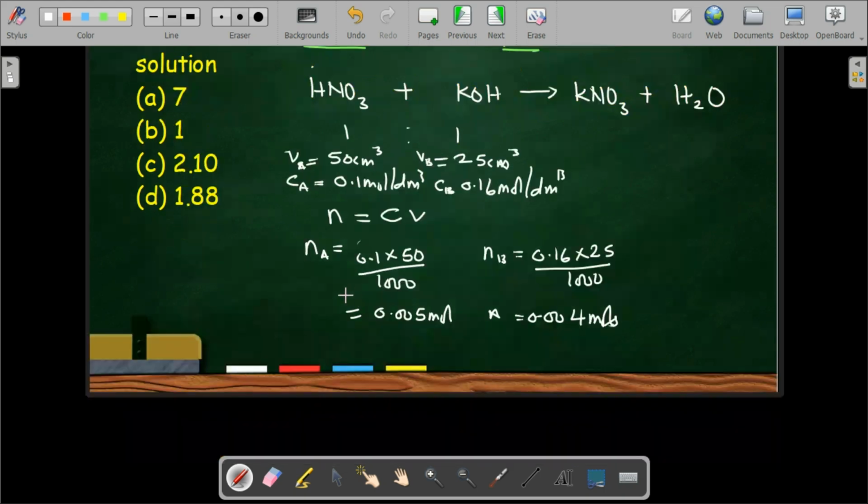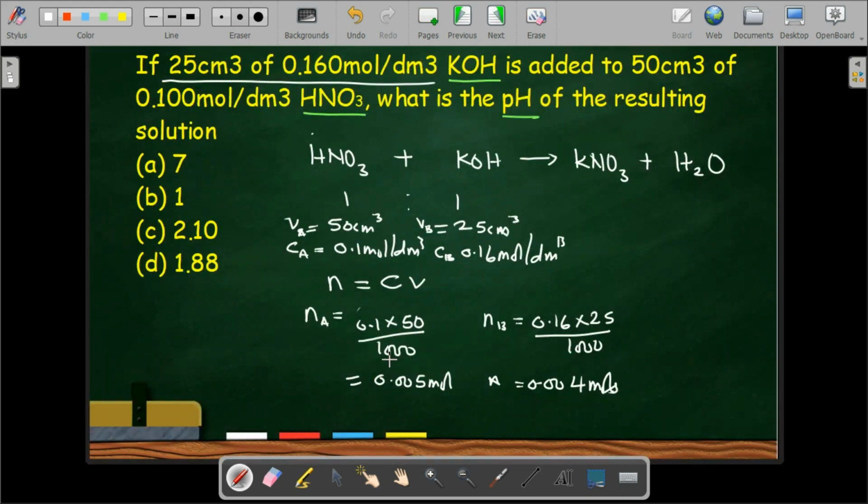It tells us that the number of moles of the acid is more than the number of moles of the base, since what is required is 1 to 1. So the base is the limiting reagent. It is going to dictate the number of moles of the acid that react, since it is provided in a limiting quantity.